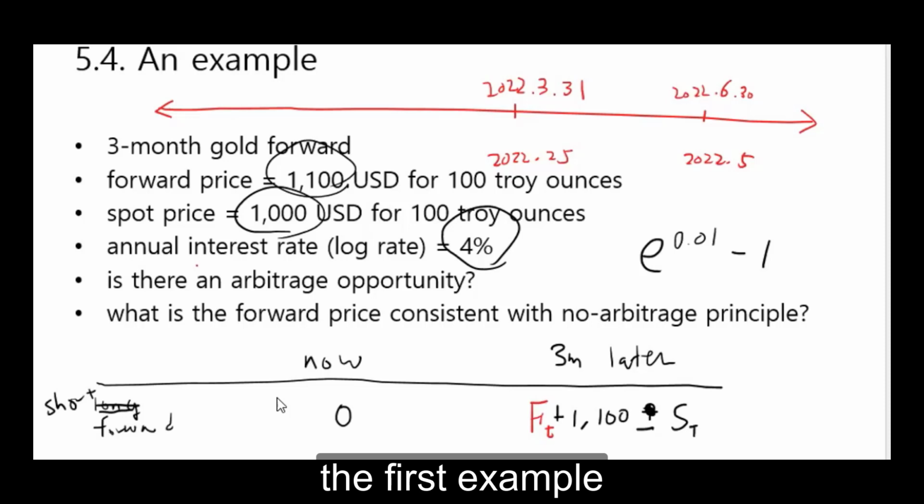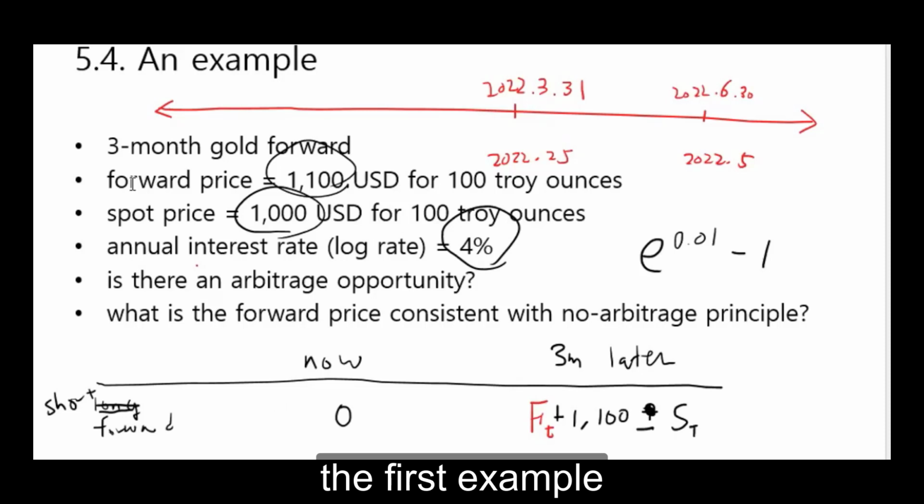So if you add this number, S capital T will disappear. And what remains is F small t minus S small t times exponential r times (capital T minus small t).